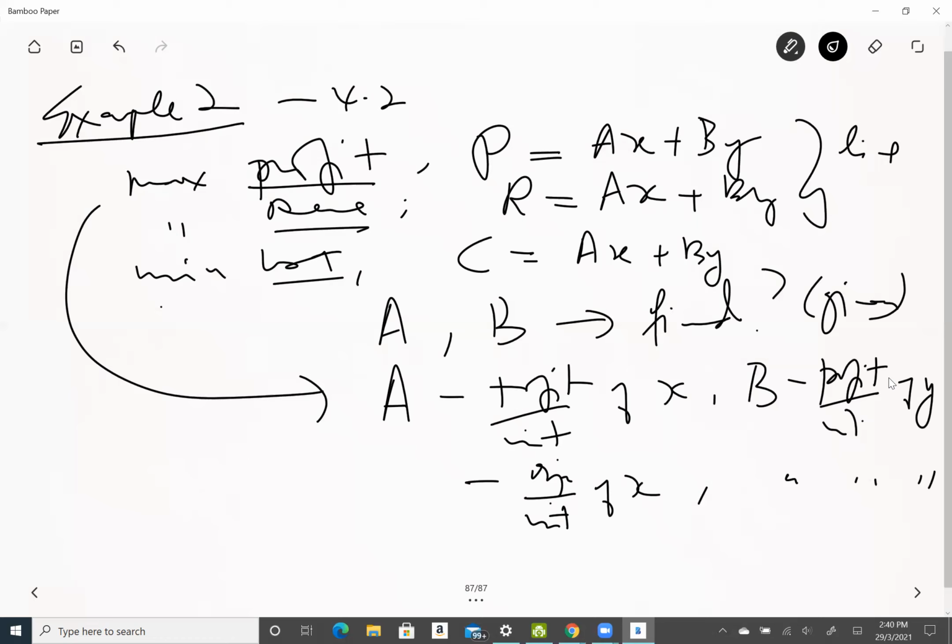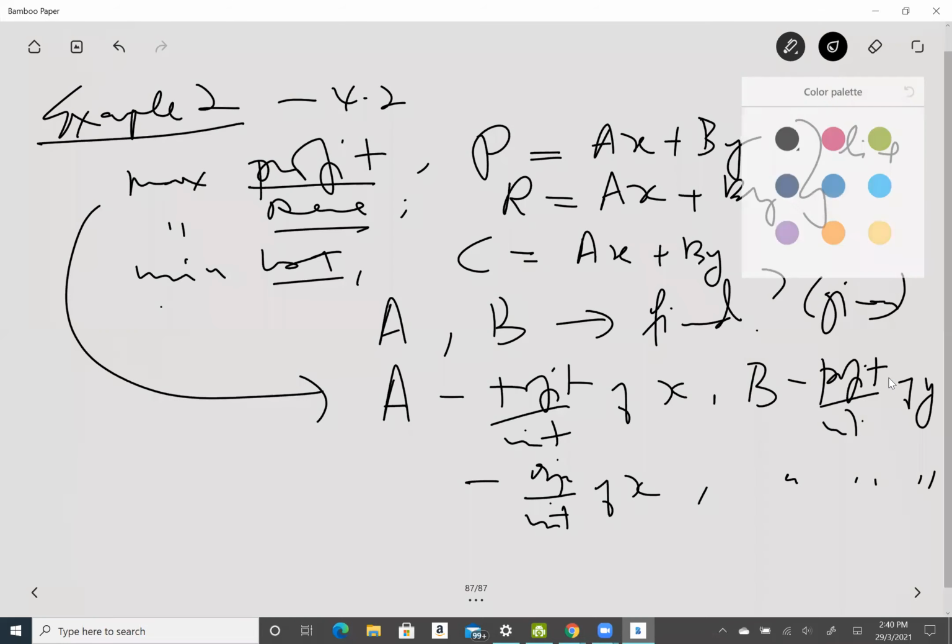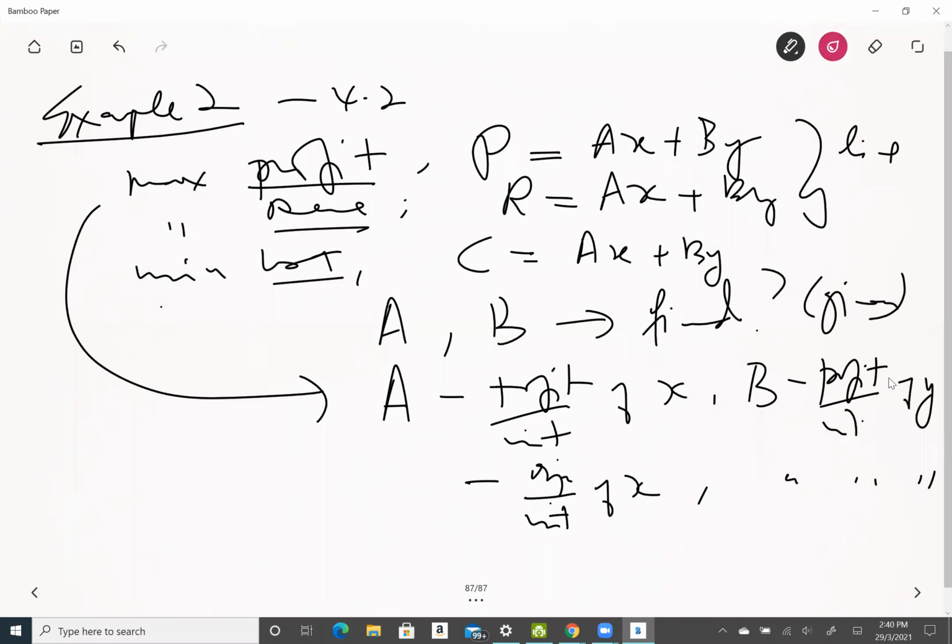If it is profit, then profit per unit of X, profit per unit of Y. In short, it will be a measure of the objective per unit of X and objective per unit of Y.